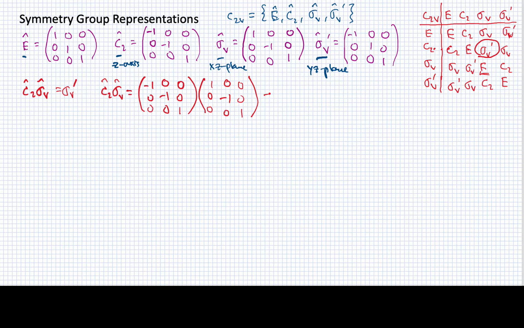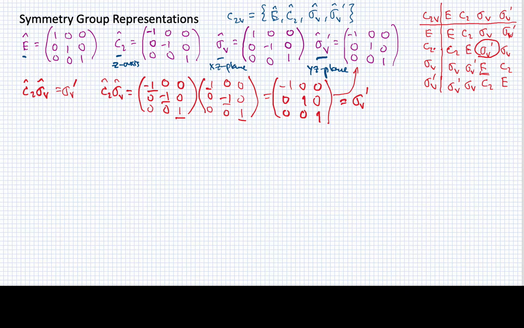Only the diagonal elements survive: this times this gives the upper left element, which is -1, this times this gives the middle element, which is 1, and this times this gives the lower element, which is 1. The rest will all be zeros. Indeed, this is equal to sigma V prime. So we can show that the matrices themselves obey this group multiplication table, and so they are a good representation of the overall point group.